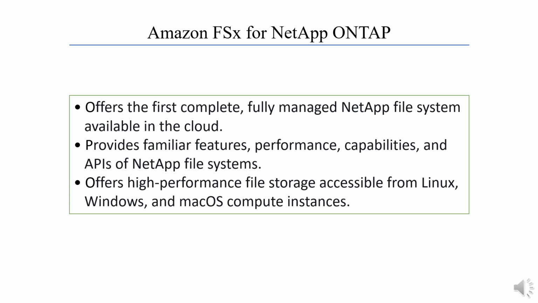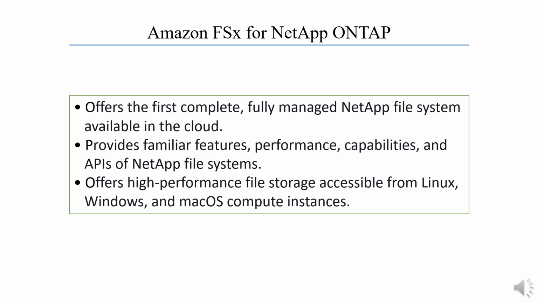Built on NetApp ONTAP, Amazon FSx for NetApp ONTAP provides the familiar features, performance, capabilities, and APIs of NetApp file systems with the agility, scalability, and simplicity of a fully managed AWS service.